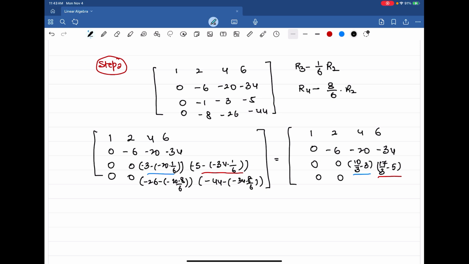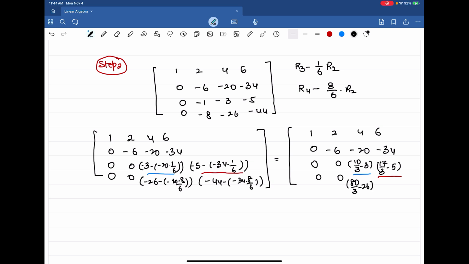Now, you see. Minus 26 minus of 20 into 8 by 6. 20 into 8 by 6, 20 into 8 is 160. 160 by 6 is equal to 80 by 3. 80 by 3 minus 26.